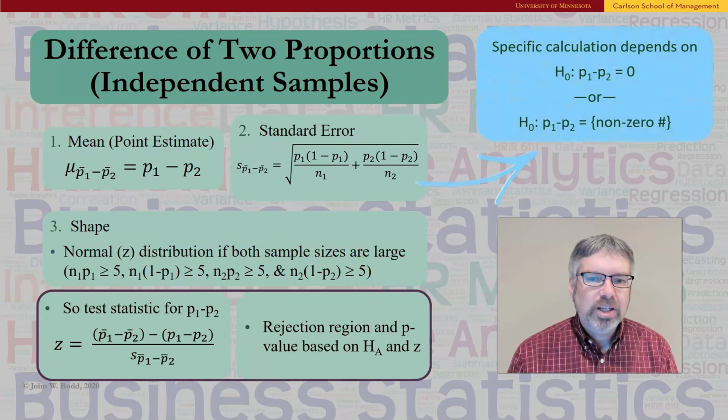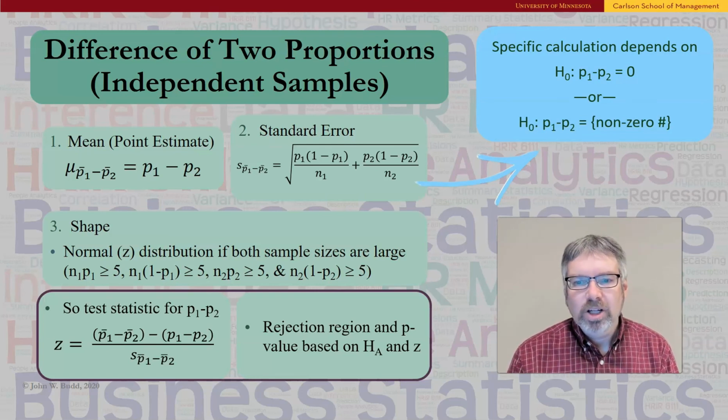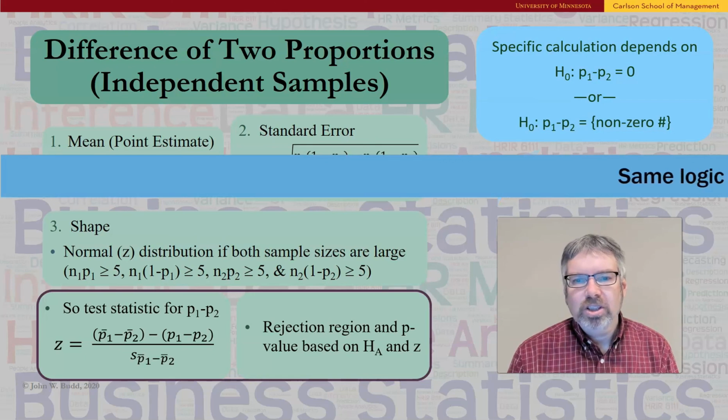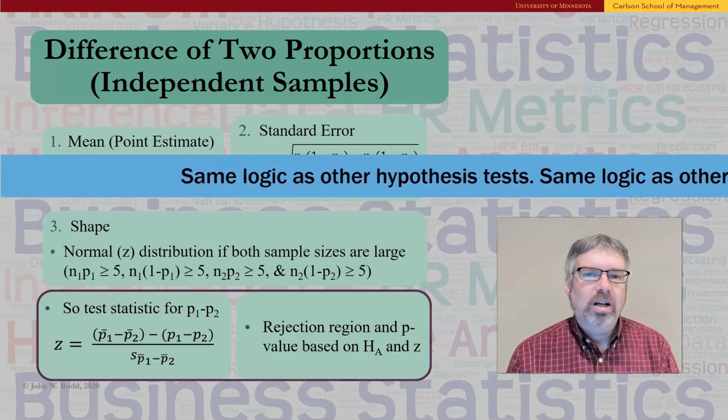Now, unfortunately, the standard error calculation can vary based on the actual format of your null hypothesis, whether the difference in the proportions is 0 or some non-zero number, but that's just a calculation detail. Don't let these calculation details overwhelm you.